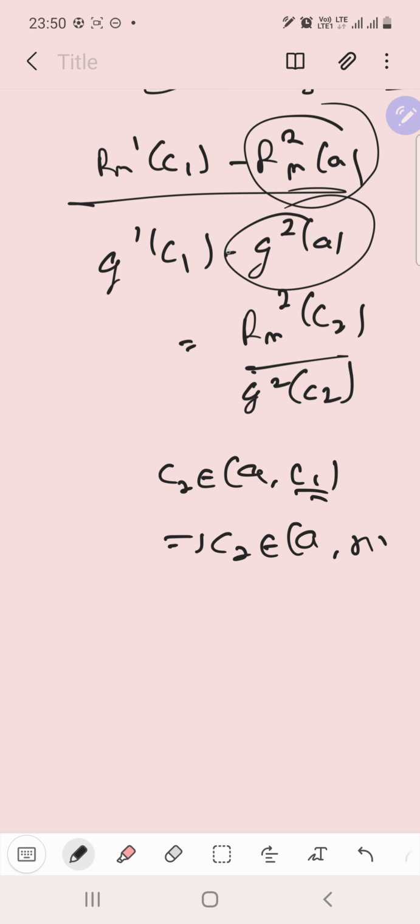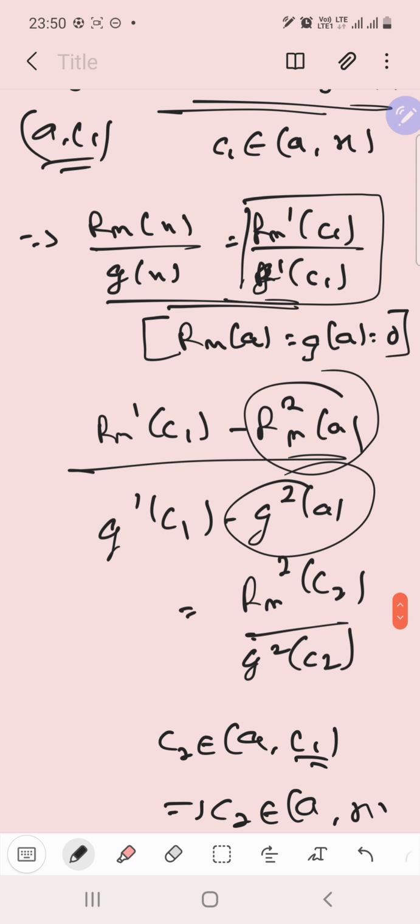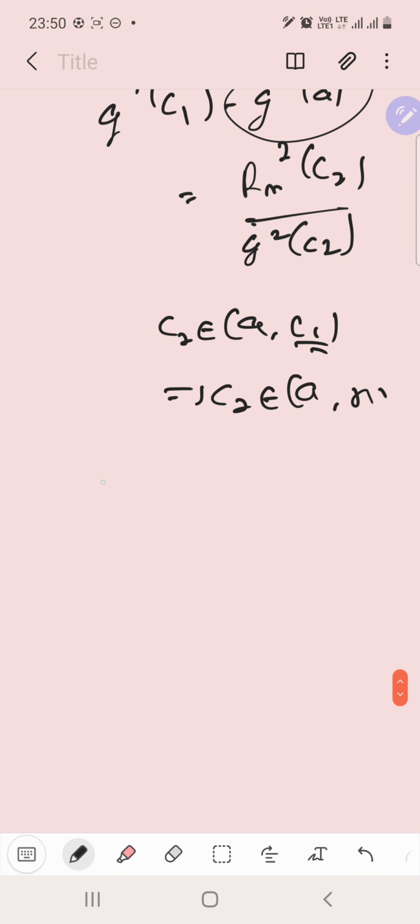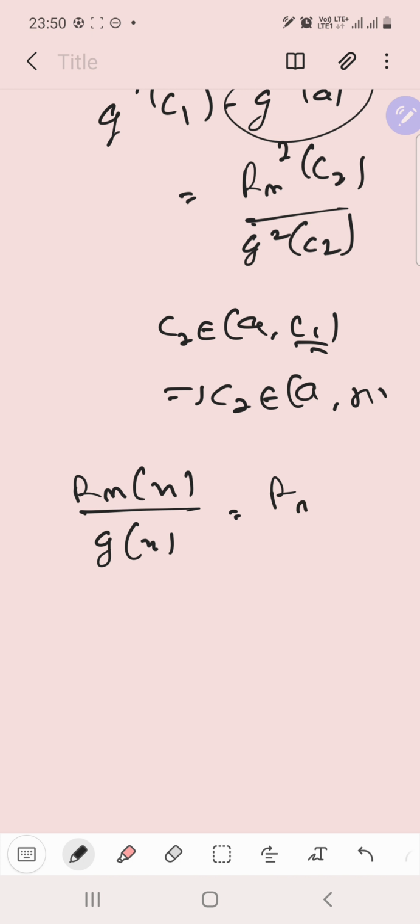And these two will again become 0. So ultimately we can keep on doing this till the nth derivative, and finally we will get that Rn(x) over g(x) is equal to the nth derivative, or we can rather do it for the (n plus 1)th derivative also.